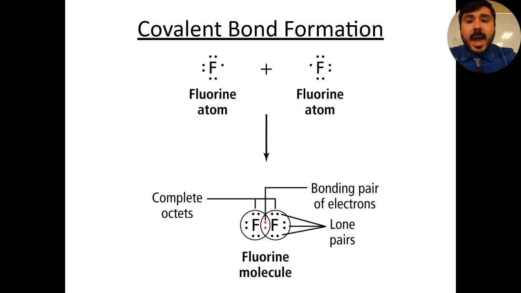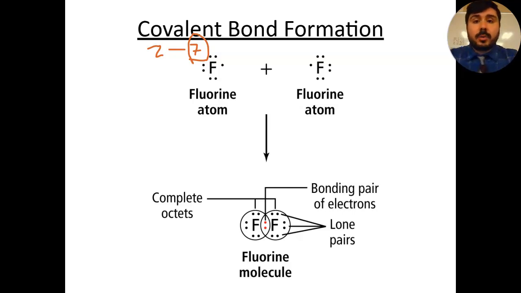We've got a fluorine atom right here with another fluorine atom right here, and each has its 1, 2, 3, 4, 5, 6, 7 valence electrons. Because if we look at the configuration of fluorine, which is 2-7, this 7 represents the number of valence electrons in an atom of fluorine. So both these atoms of fluorine have their 7, right?